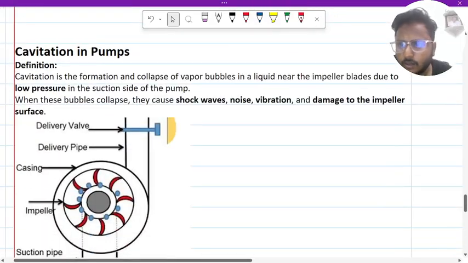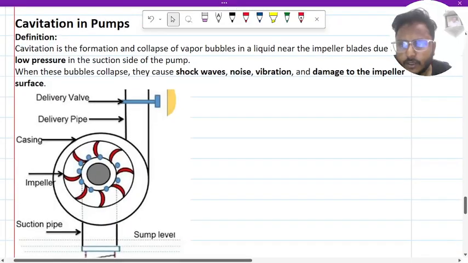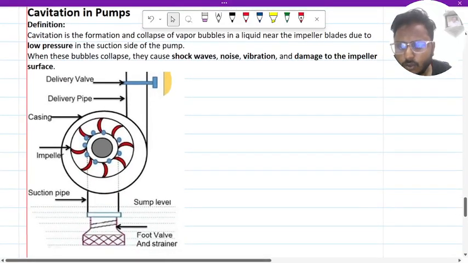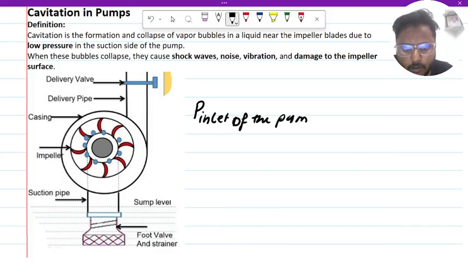The last topic, cavitation. What is cavitation? As we know, the pressure at the inlet of the pump is lower than the atmospheric pressure.